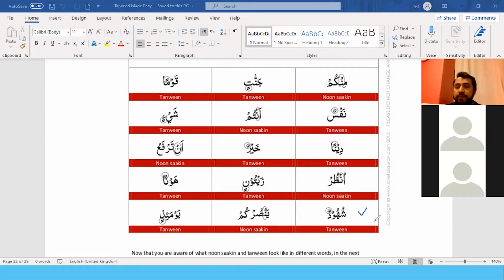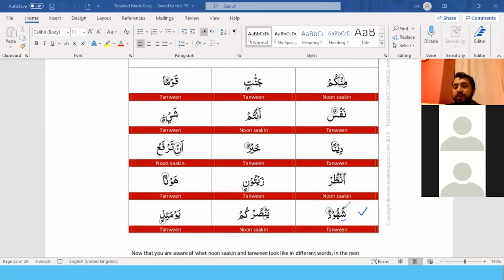This one here, this example here. Sorry, Shuhudun, so it's not Su. Which letter is this? Sheen.